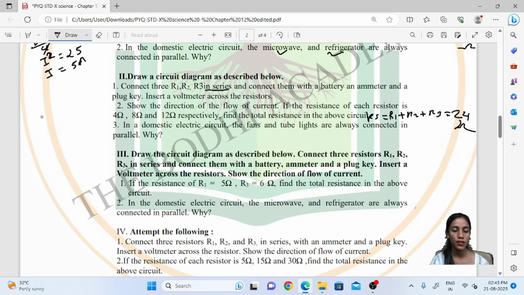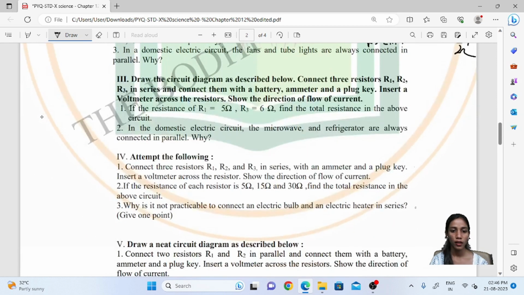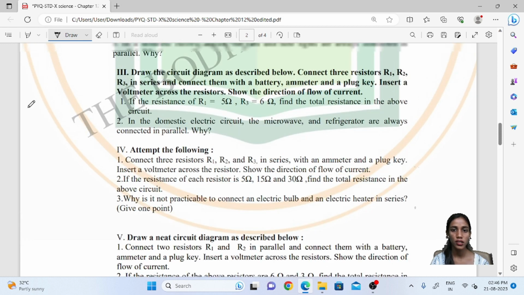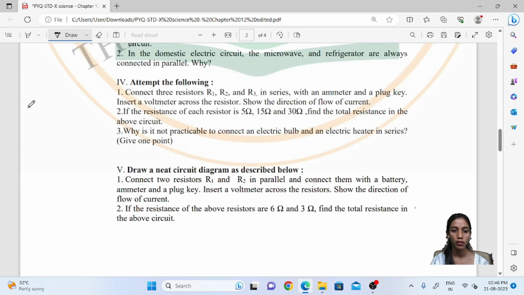Then the question is, in a domestic electric circuit, the fans and tube lights are always connected in parallel. Why? So the answer is the same as discussed above. Now these questions are similar to the first one. Connect 3 circuits with the ammeter, plug key, then find total resistance.